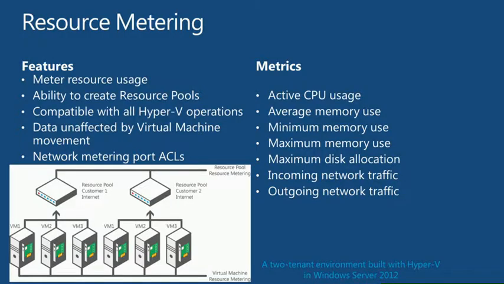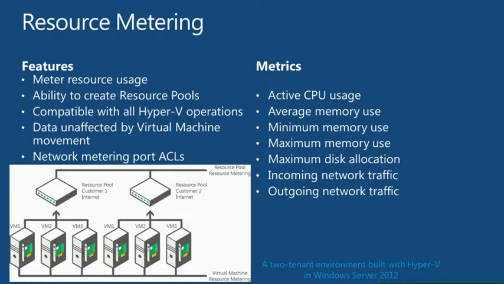With this feature, you get a better understanding of what kind of resources, and how much of those resources, each of your VMs uses, right? I've listed a whole bunch of metrics that you could track for a single VM or a bunch of VMs.